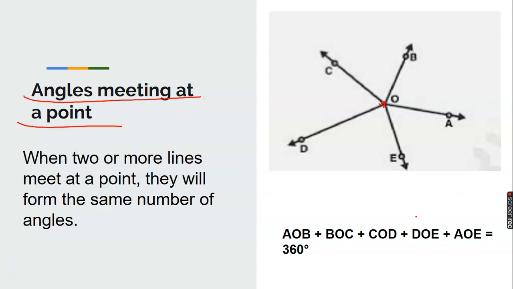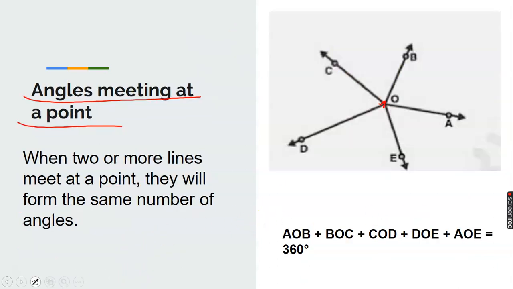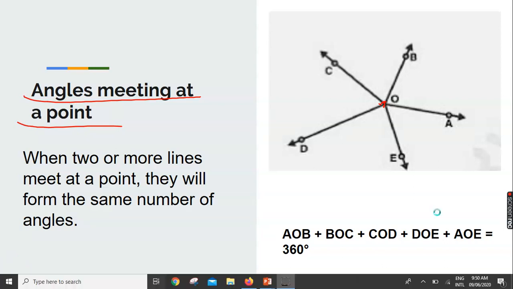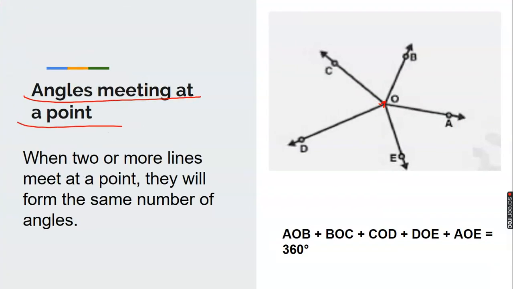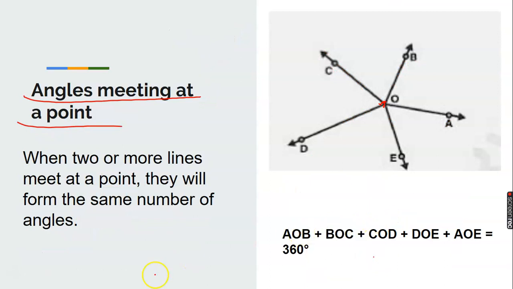Now, when two or more lines meet at a point, they will form the same number of angles.